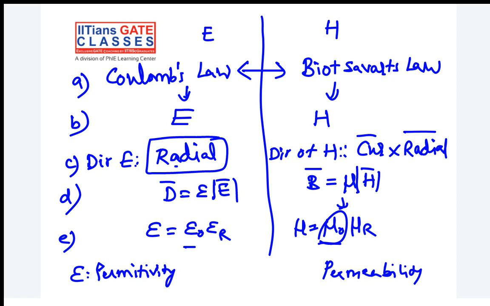Permeability is the measure of the capability of the medium to withstand magnetic fields. If a medium has high permeability, it can easily allow the magnetic field through that medium, or you can say it can easily store the magnetic field in that medium. Is it clear? The unit of permittivity, as you have seen, is farads per meter, capacitance per unit length. Similarly, the unit of permeability is henry per meter, inductance per unit length.